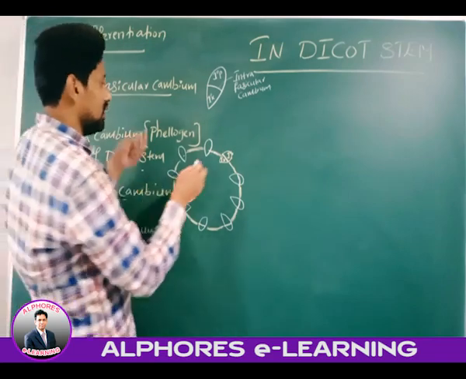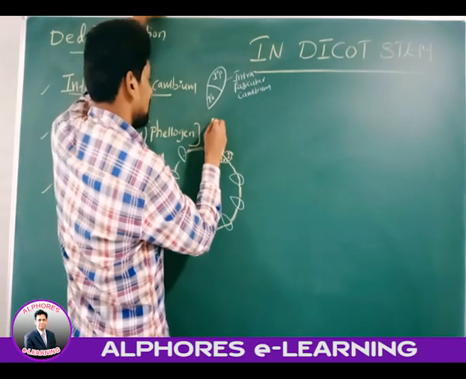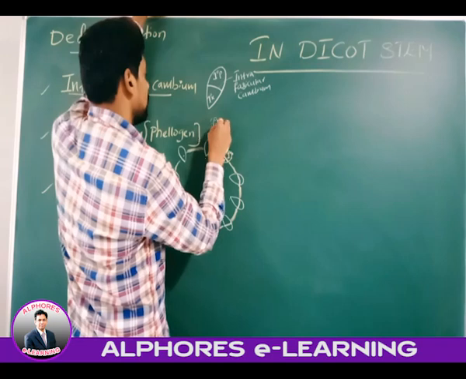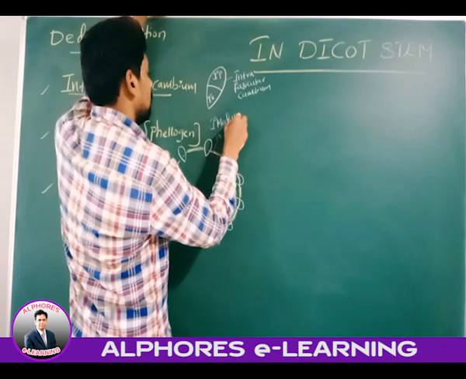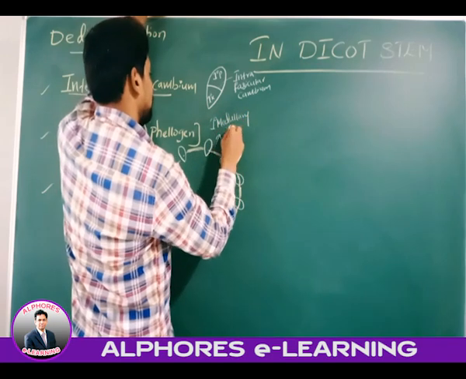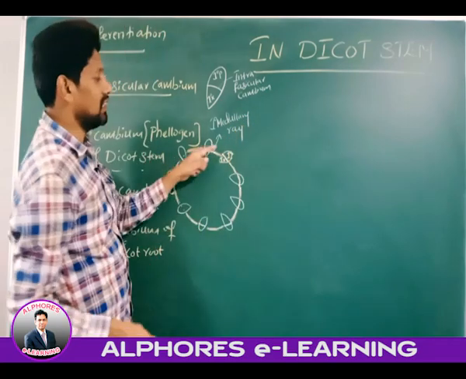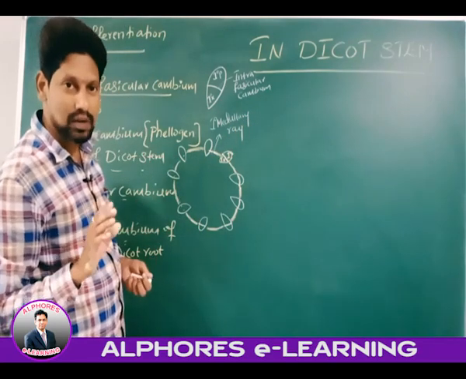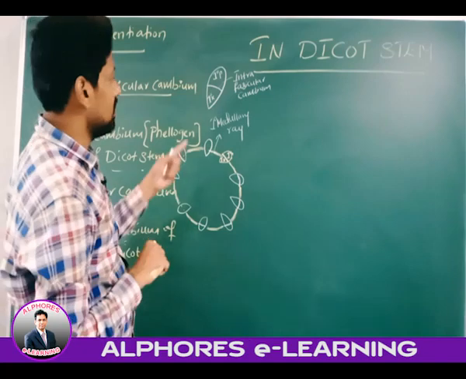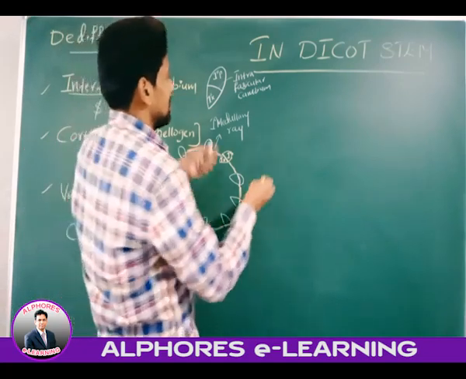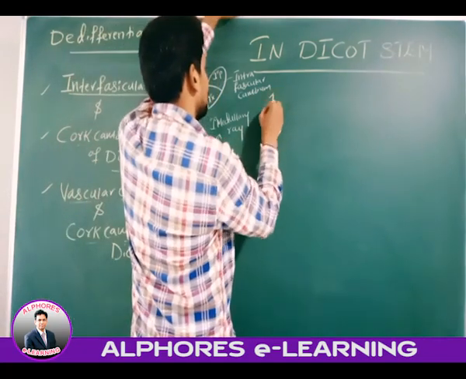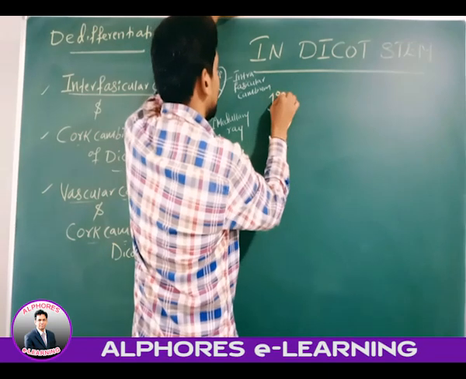Is it okay? Therefore, these are primary medullary rays. Where are they present, sir? They are present in between vascular bundles. Is this statement okay? Now listen to the statement. This primary medullary rays.